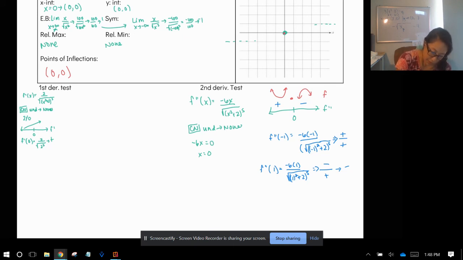The graph is concave up on the left side, and gets closer and closer to this asymptote here. Do my best. And then it becomes concave down, going to the right. And that is curve sketching.